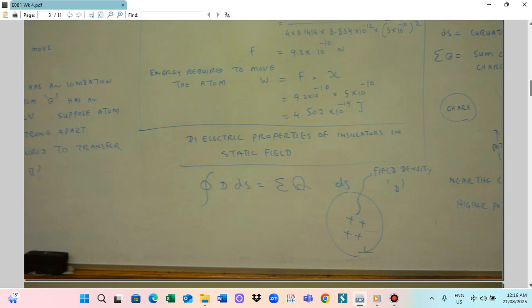This is the summation of charge, the total charge. So the closed integral of D dS is equal to the summation of Q. This is the relationship between electric charge and field density.